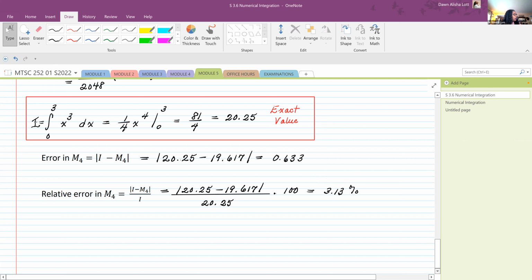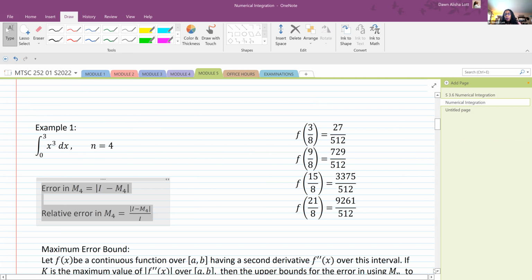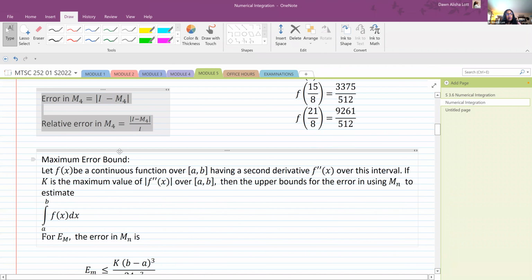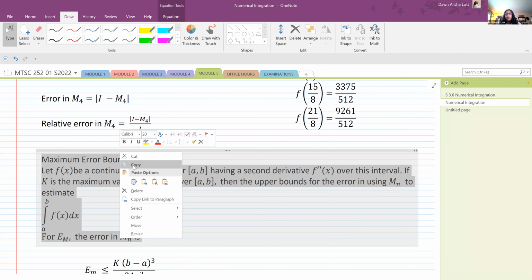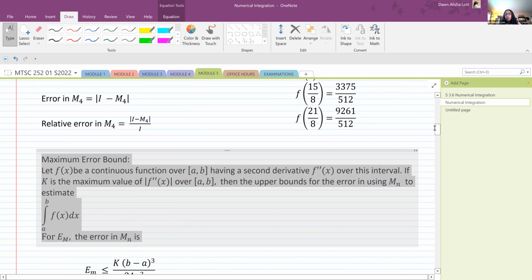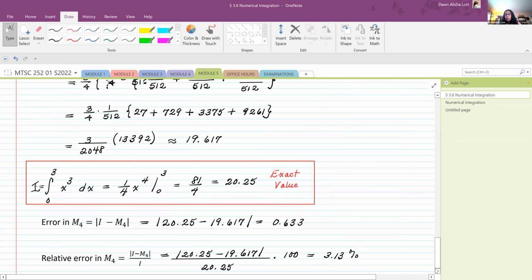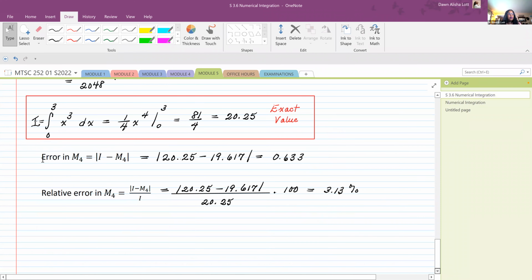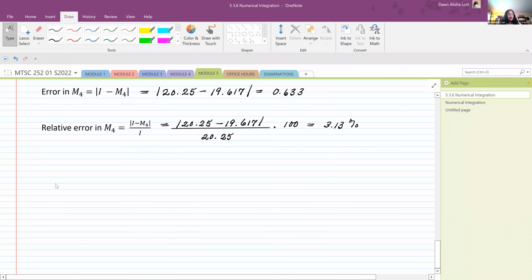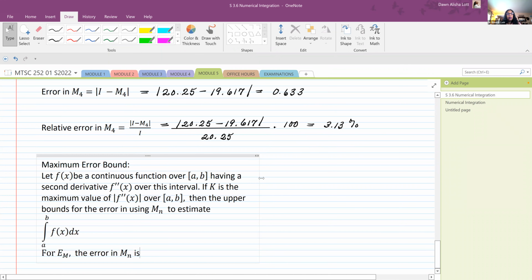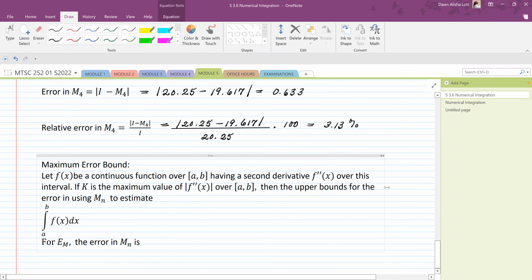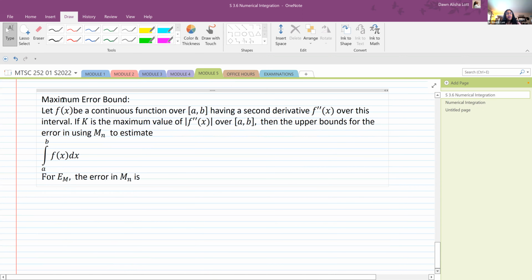Now we also can calculate what we call the maximum error bound. The maximum error bound tells you the biggest the error can be in this approximation.